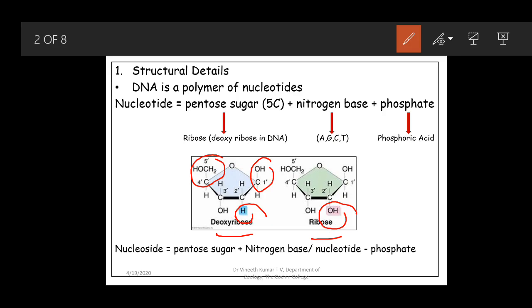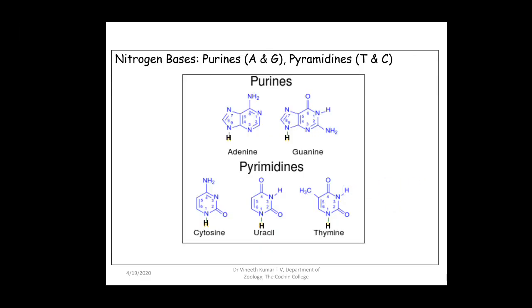The prime does not have any other significance. The prime with the carbon atoms is just to distinguish them from the numbers in the nitrogen bases. Coming to the nitrogen bases, here you can see the nitrogen bases.